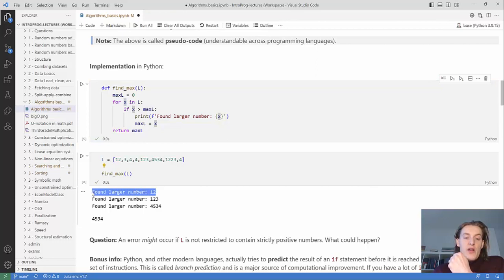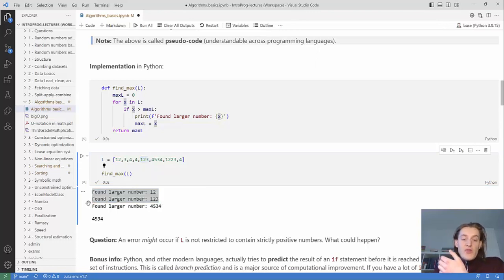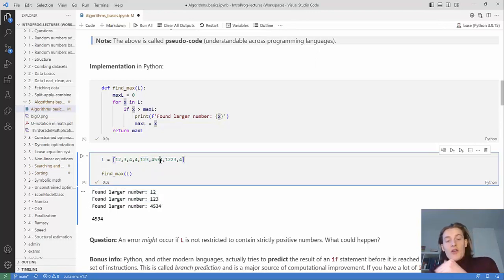So 12 is the first large number found. Then you're also looping through 3, 4, 4, 123, and 3, 4, 4, 3 and 4 are both smaller than 12, so no updating is done. But when you get to 123, then you found a larger number, you set maxL to that, but already on the next iteration of the loop, found an even larger number.